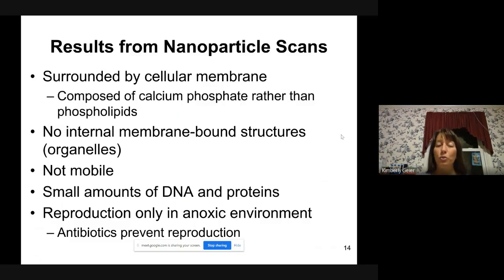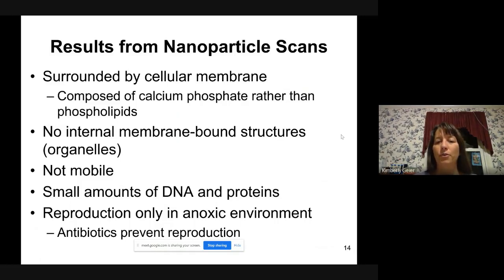I'm not sure which one you picked, but I'm generous and I tried out several of these. So regardless of which one you picked, we're getting results from a lot of these different tests. We looked at their chemical composition, we scanned them, and these little blob things are surrounded by something that looks like a cell membrane. I know we haven't learned about cell membranes yet, but this cell membrane isn't made of phospholipids like ours.